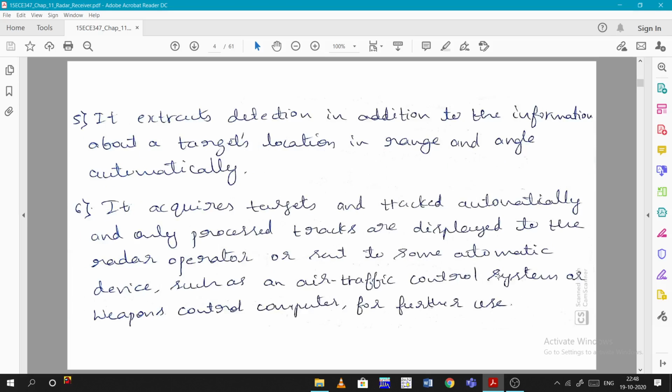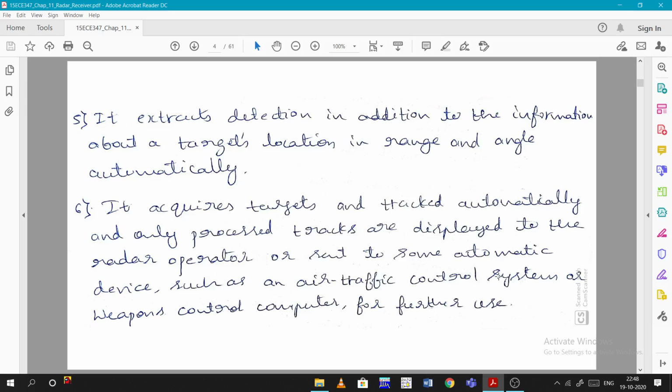And also it extracts detection, in addition to the information about the target location and range angle. Not only identifying the target, it also gives the angle and the range at which the target is located. It acquires targets and tracks automatically, and only processed tracks are displayed to the radar operator or sent to some automatic device such as an air traffic control system or weapon control computer for further use.